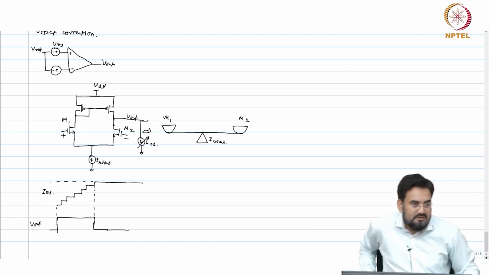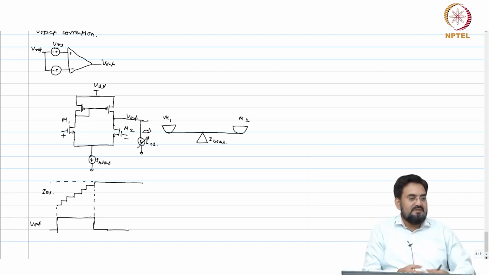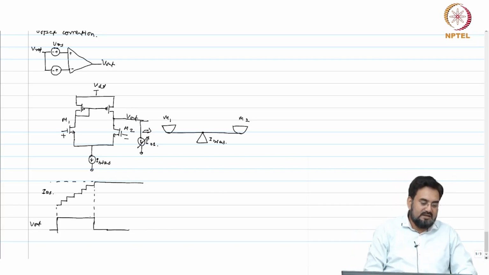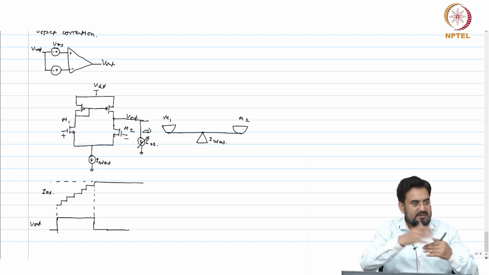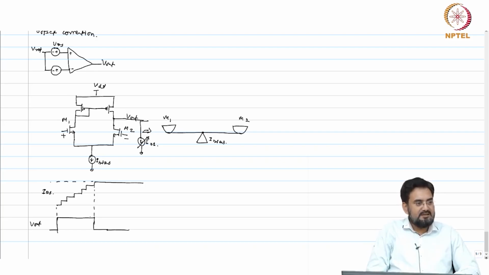So this will cancel out your offset, and the error in the offset will depend on your bit size or the step you are choosing. The finer the step you have, the closer you can get to your desired output, or offset close to 0.